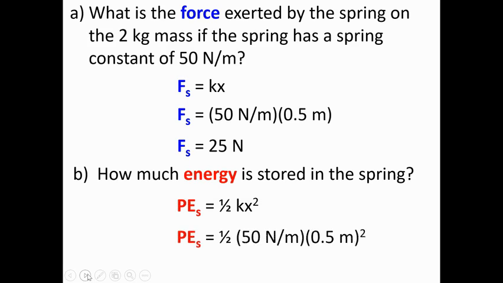To calculate how much energy is stored in the spring, we'll use our equation PEs, or spring potential energy, is equal to 1/2 kx squared. 1/2 times 50 newtons per meter times 0.5 meters squared gives us a stored potential energy of 6.25 joules.